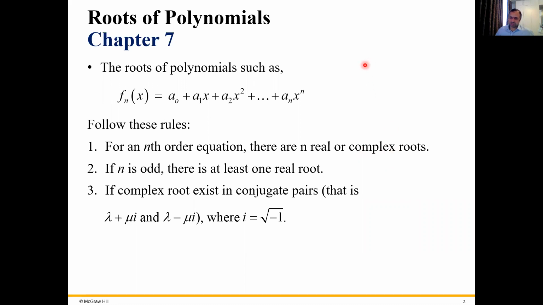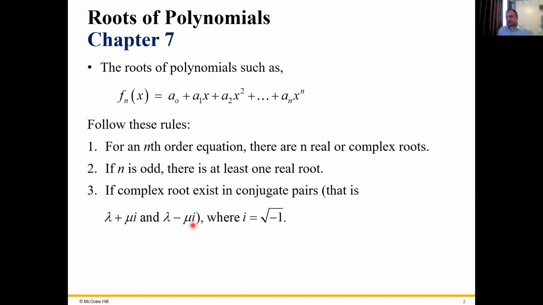They are normally in the form of a plus b iota and then a minus b iota. So those iota terms, square root of minus 1 terms, appear in pairs, like lambda plus mu iota and lambda minus mu iota. So these conjugate pairs always occur.